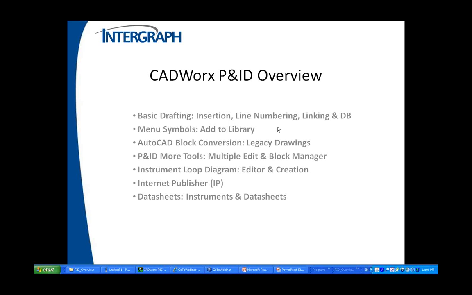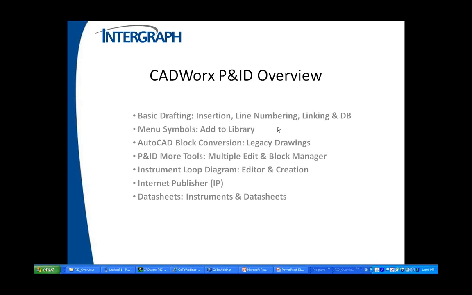To start off, we'll do some basic drafting, bring in a couple of pieces of equipment. We'll insert some lines, some valves. We'll go through the line numbering scheme. We'll add some arrows. We'll connect to the database and take a close look at the database. We'll take a closer look at the different P&ID symbols that CADWorx P&ID offers.